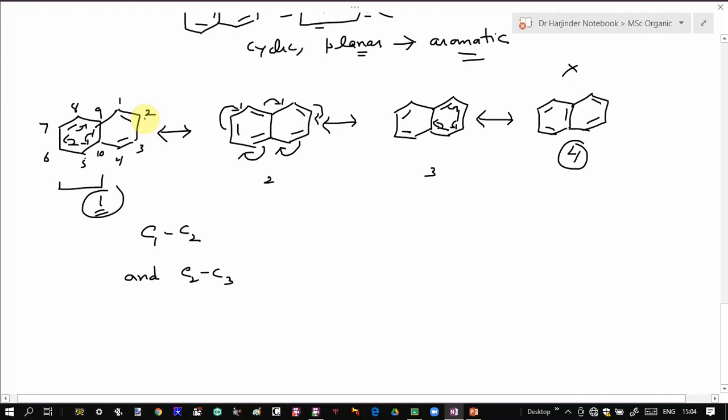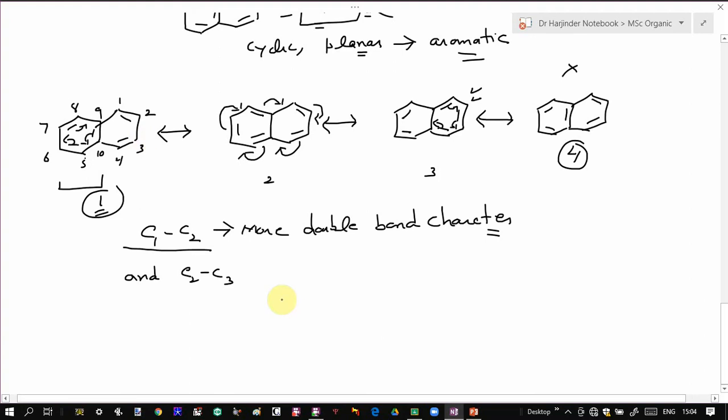But for C2 and C3, there's only one structure which has a double bond, while in the remaining two structures it has a single bond. So that means C1 and C2 has more double bond character as compared to C2 and C3, which has more single bond character.